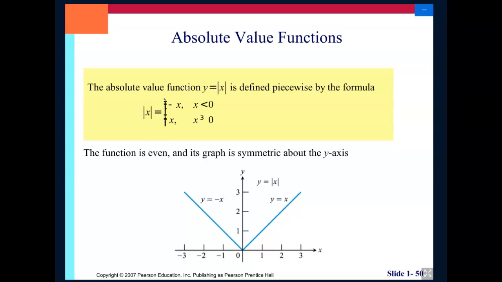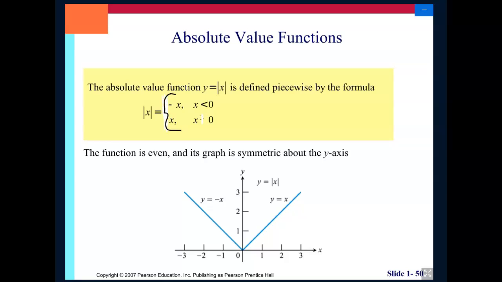An absolute value function is by definition a piecewise function. An absolute value function is actually a set of two linear functions coming together to create the absolute value.